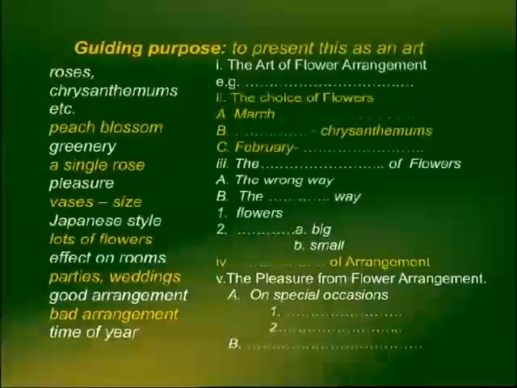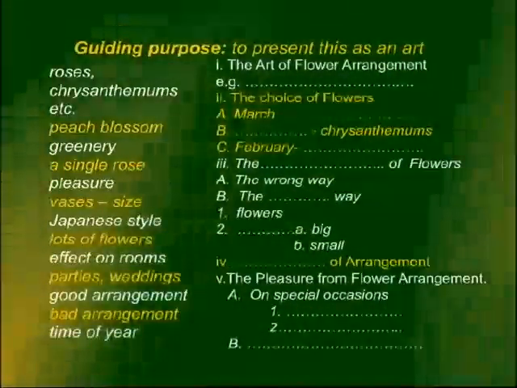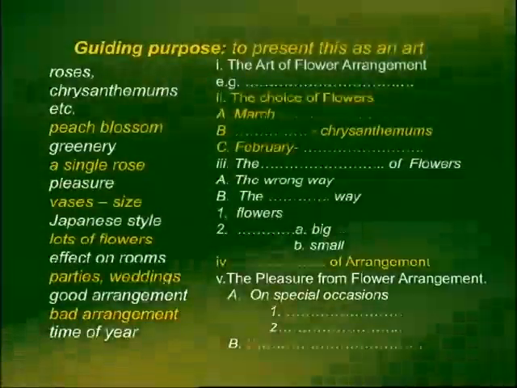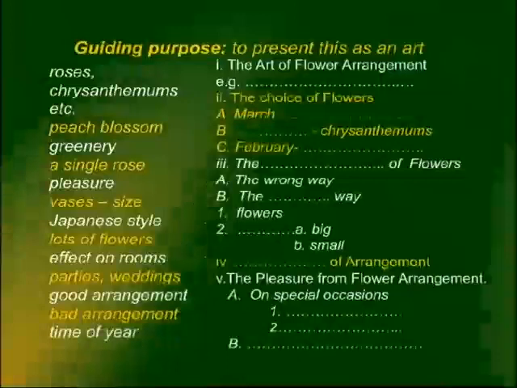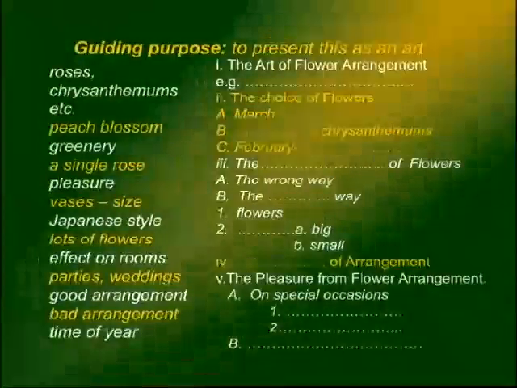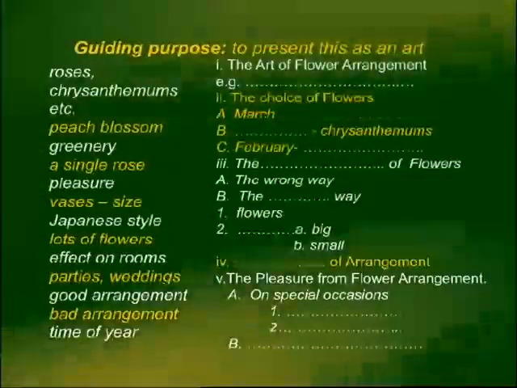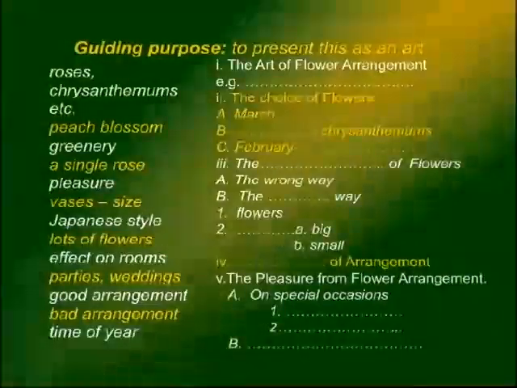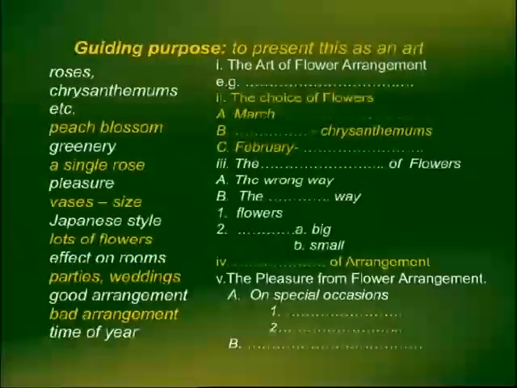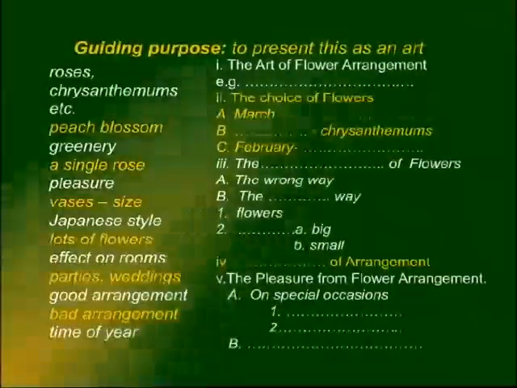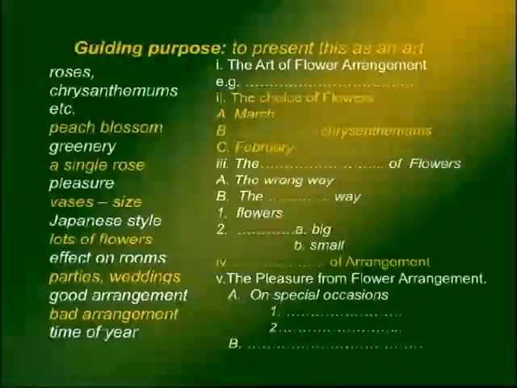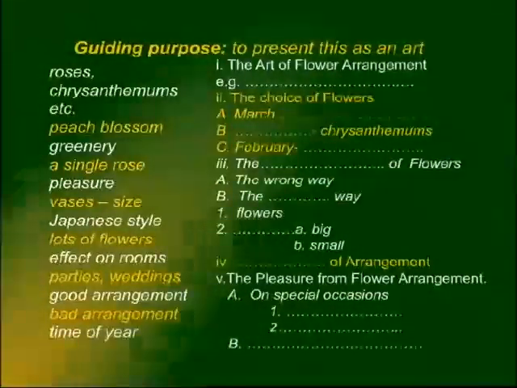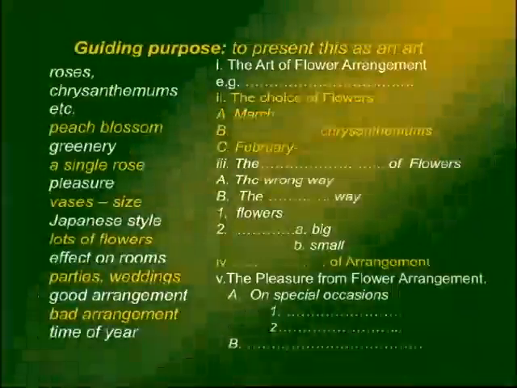Now on the right-hand side of your screen, you will notice a rough outline is given you. Use words or ideas from the left-hand side to fill out this outline, to complete this outline. Number one, the art of flower arrangement. And for example, what could you have over there? You could say Japanese style.